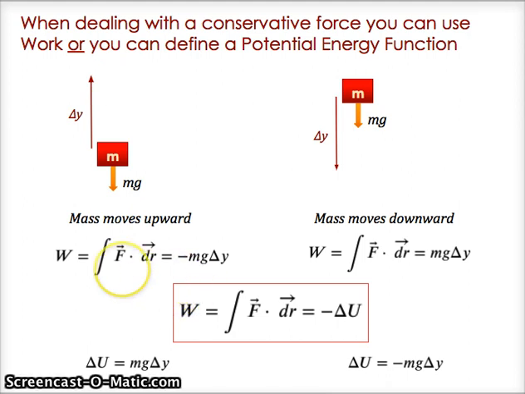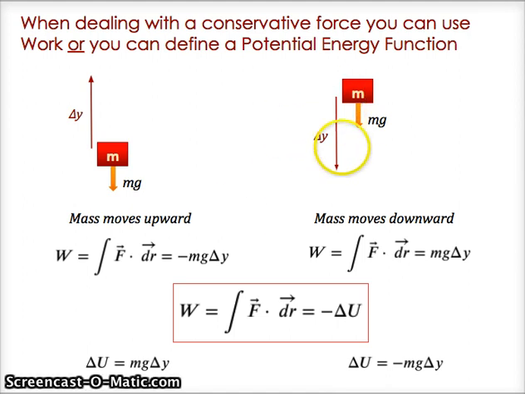We would take mg as our force, delta y as our change in position or displacement, but because those are in opposite directions, we pick up a negative sign. So the work being done by gravity would be negative. Energy is being taken away from that object.